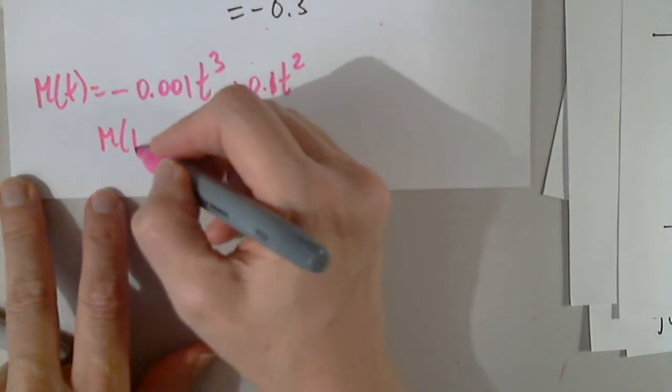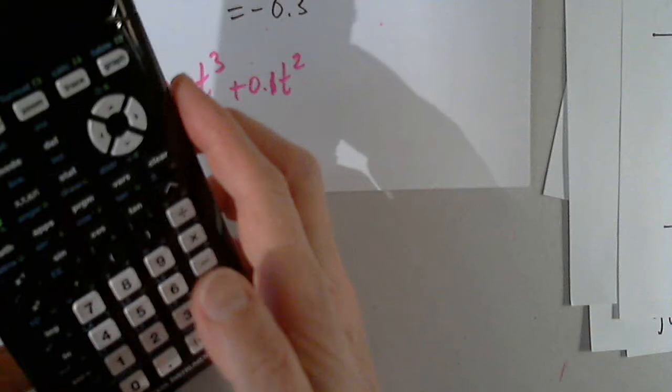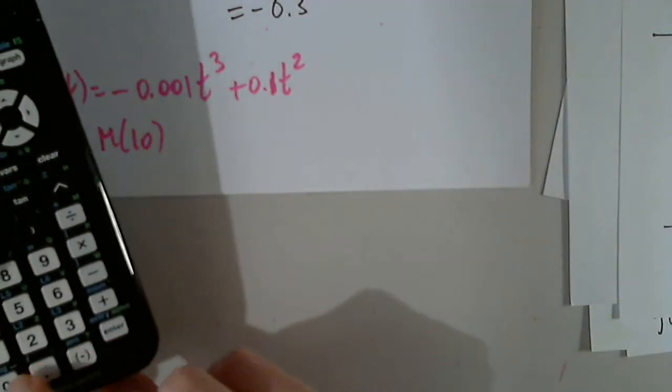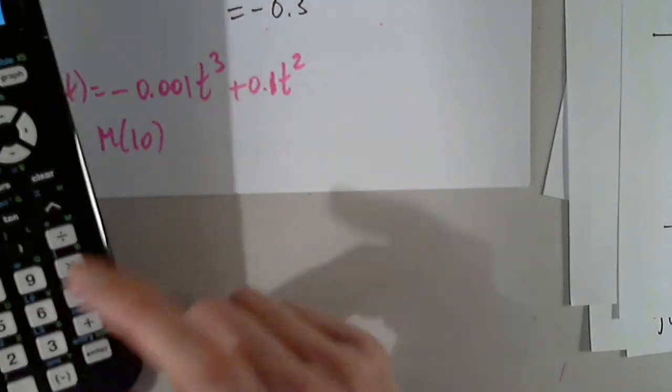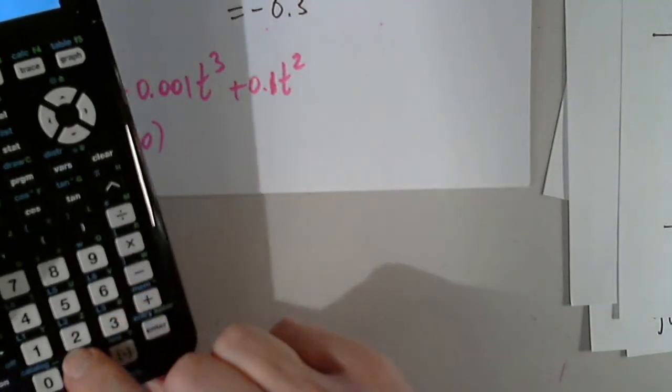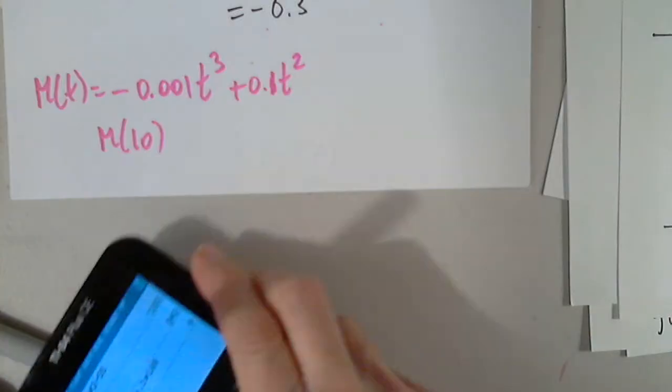Yes, so that will be m of 10. So you put in the graphing calculator, negative 0.001 multiplied by 1,000. I shouldn't be doing this with the calculator, but I'm showing this to you. Sorry about that. So it's 9.